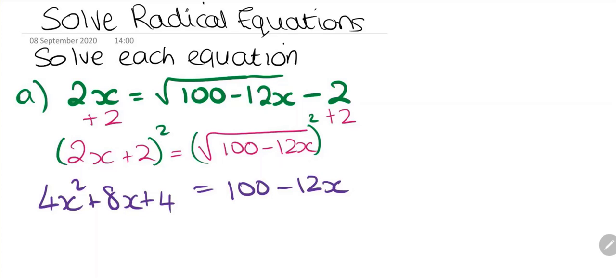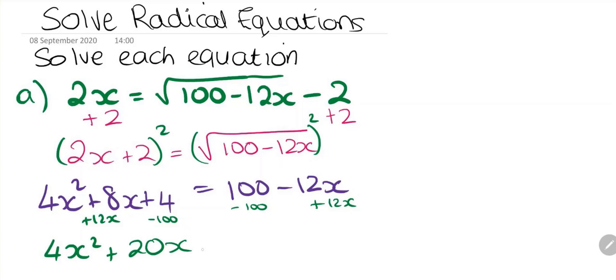And I'm going to bring everything onto the same side, so I'm going to subtract 100 from both sides, and I'm going to add 12x to both sides. So this will leave me with 4x squared plus 20x minus 96, and that's going to be equal to 0.